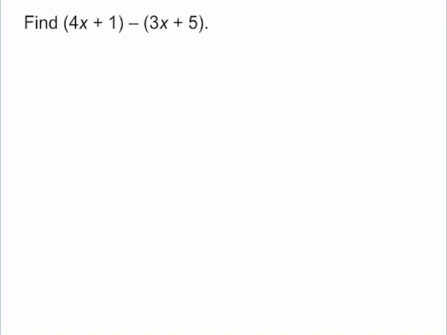So if we had 4x plus 1 minus the quantity 3x plus 5, now this looks the same as the ones we had been doing before, but before this again would have been a plus sign. So when you see a situation like this, you're going to turn it into an addition problem, as we always do. So this will be 4x plus 1 quantity, and then I'm going to change it to plus negative 3x plus 5.